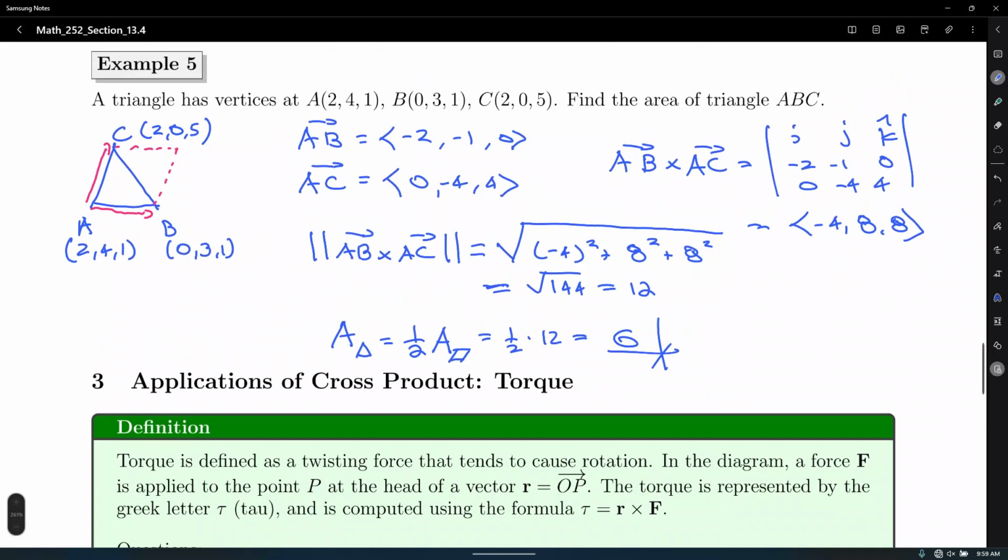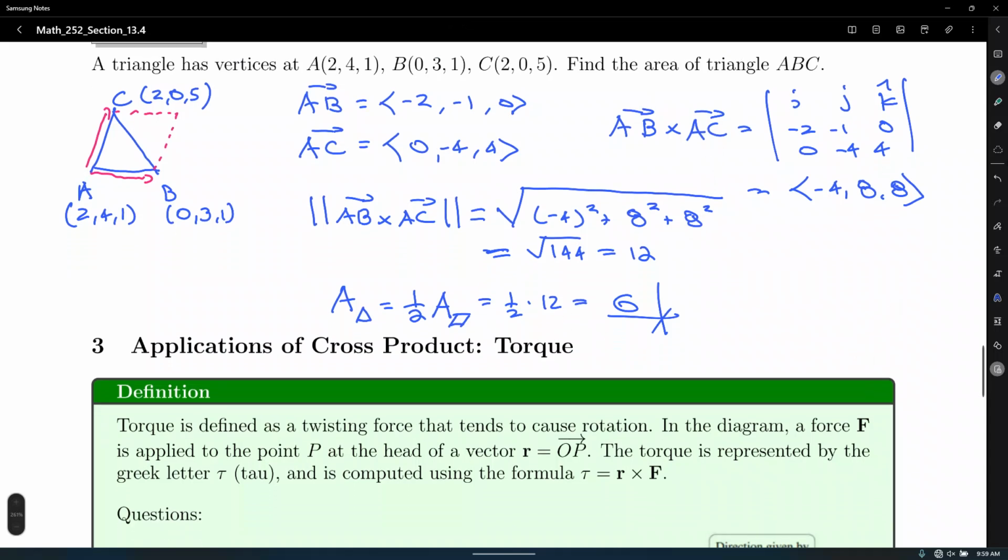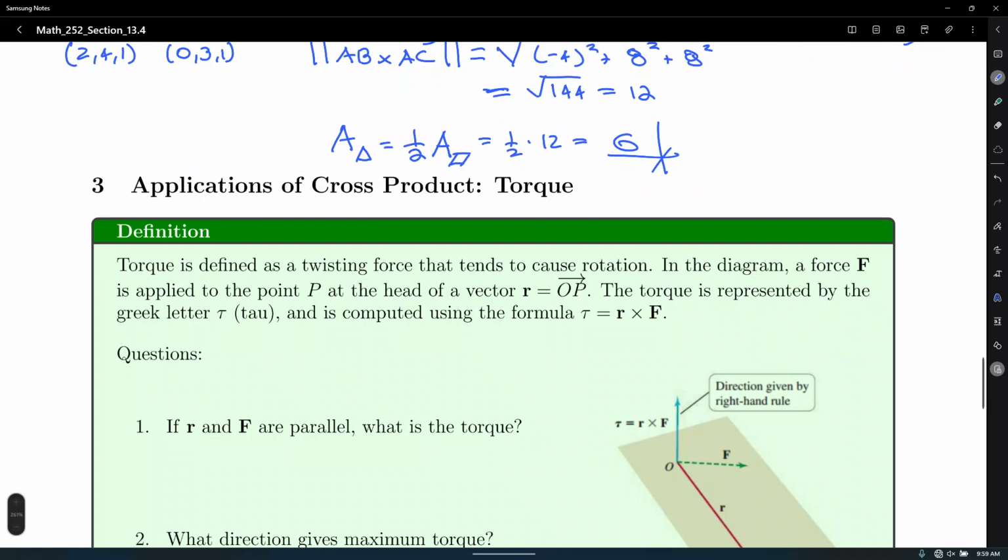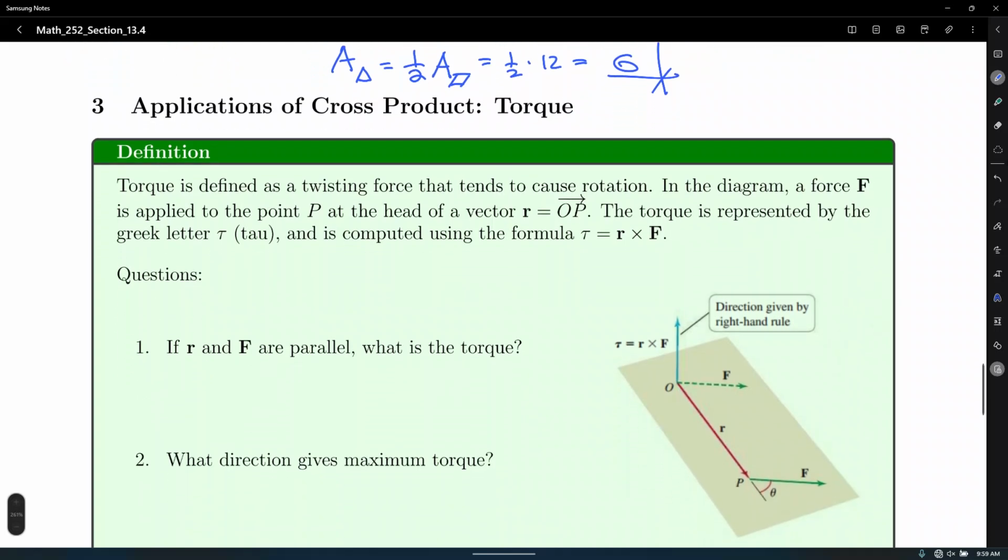For instance, when we have some distance vector, some length, like a table, and then we apply some force, but it's not along the length of the table or whatever object we want to move, but actually from the side. So we're going to cause a rotation of the object.